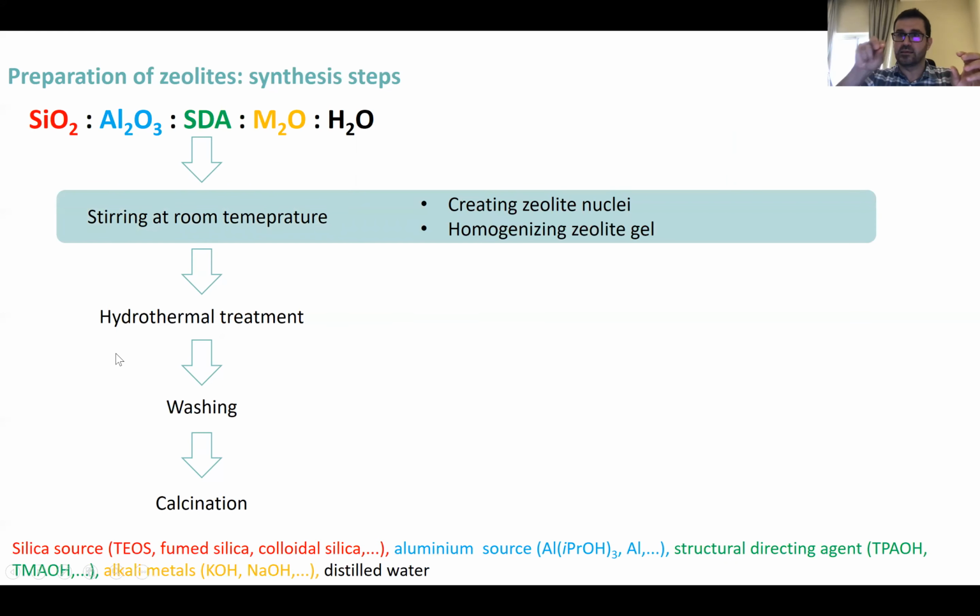This will help to make some nuclei, or sources of the zeolite, points of origin where the other ingredients will come and make the structure more structured and bigger. Also, when stirring, you homogenize the zeolite gel. You will have silica, alumina, SDA, all with equal concentration around each other.